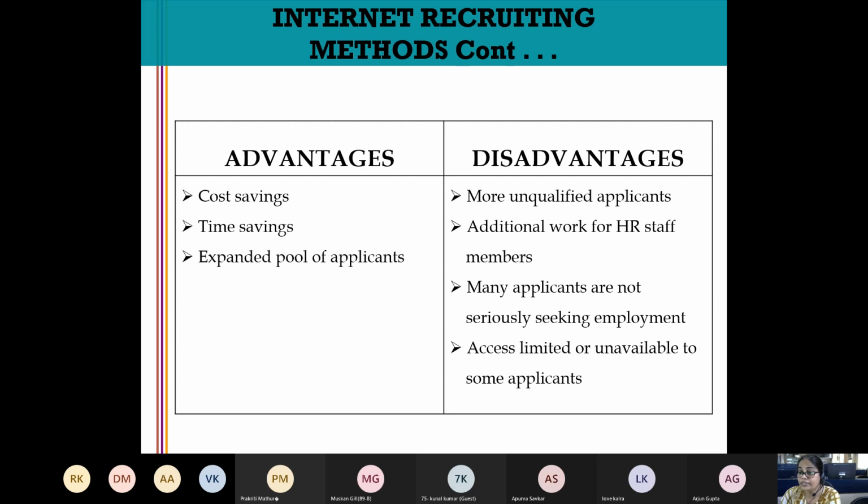That is how the yield ratio in internet recruiting would be lesser. Access is limited: if you are only posting on your own website, people may or may not visit it, and that limits the access of some applicants.